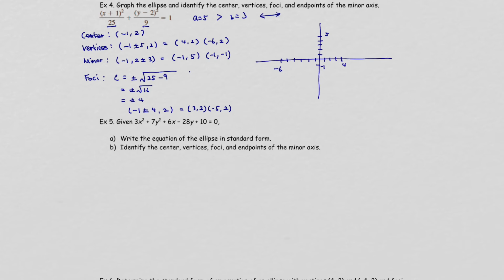So your center is going to be negative 1 and 2. And then the vertices are 4 and 2, negative 6 and 2. And the minor axis points are negative 1 and 5, negative 1 and 1. Draw the ellipse.